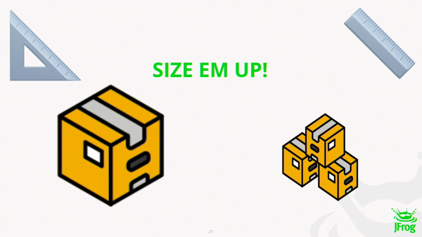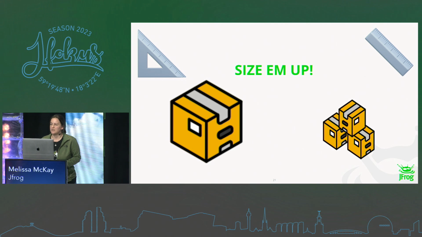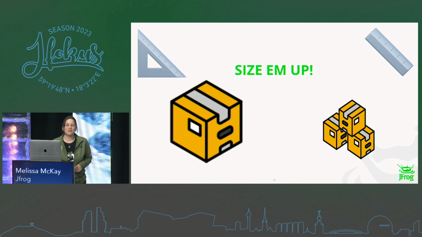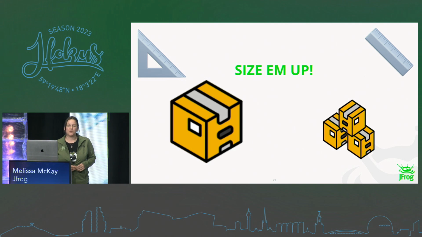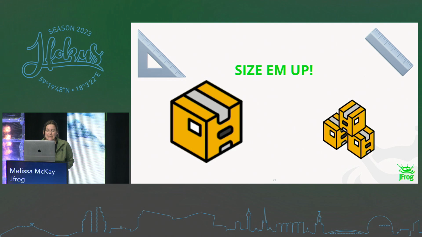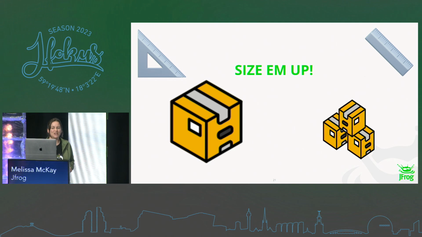All right, so I'm not just going to believe when someone tells me that images are better or that a particular base image is small. I'm actually going to build my project and find that out and take those measurements myself. So that's what I did. I noticed right away, of course, JRE images are smaller than JDK.